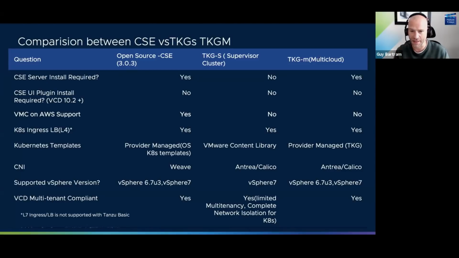Whereas if you're using TKGS, this is going to require you to configure NAT, routing and firewall rules to enable that isolation for each tenant org. For TKGS, VCD is taking care of those, but network level multi-tenancy will be limited, as in we are using the same pool, but it will be isolated and secured for each tenant.